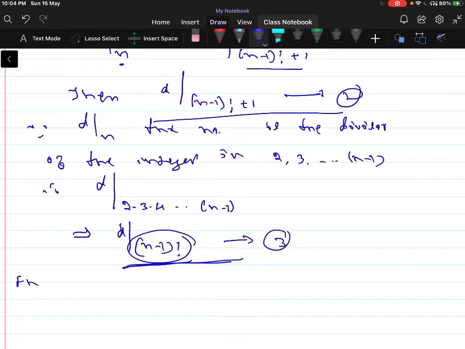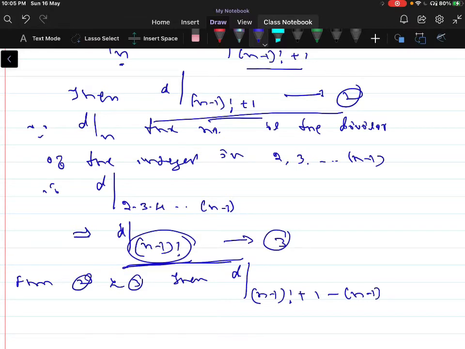From 2 and 3 we get d divides (n minus 1) factorial plus 1 minus (n minus 1) factorial. The (n minus 1) factorial terms get cancelled.